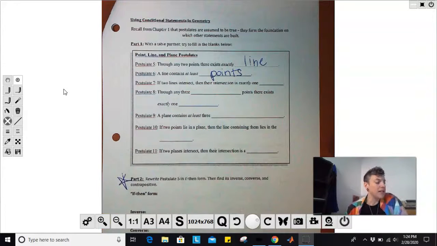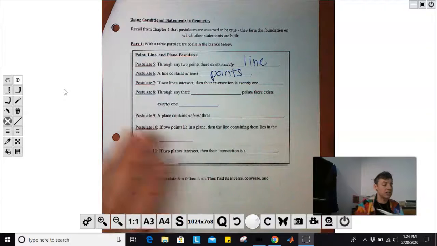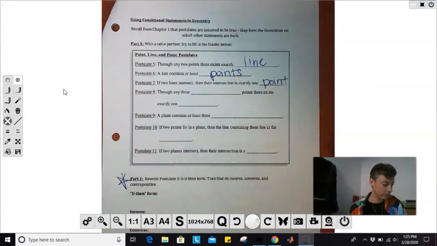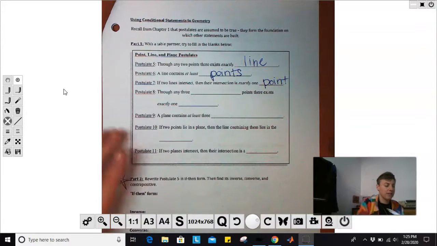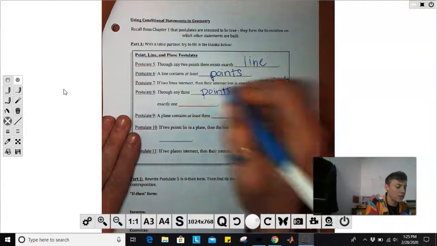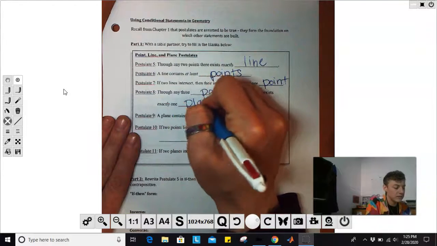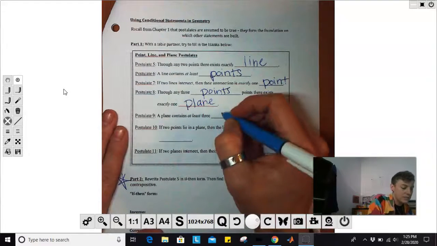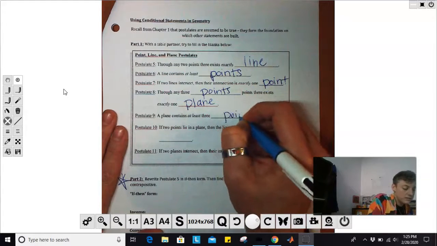If 2 lines intersect, their intersection is exactly 1 point. Through any 3 points, there exists exactly 1 plane. And the opposite of that, a plane contains at least 3 points.